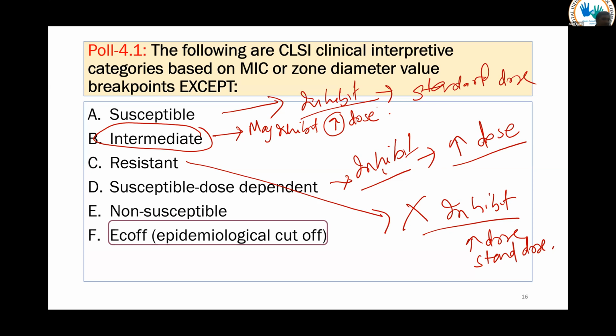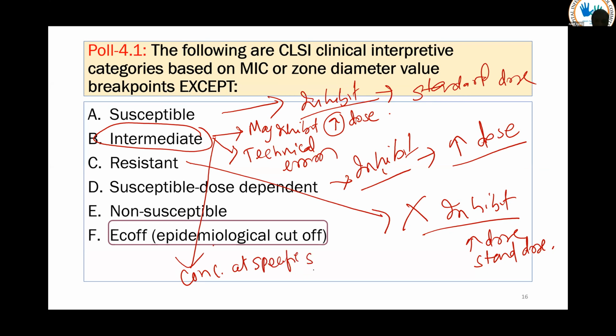Okay, we have a question on this also. It may inhibit in increased dose, or it may be a technical error, or the third meaning of intermediate is it may concentrate at a specific site and it may inhibit at standard dose.